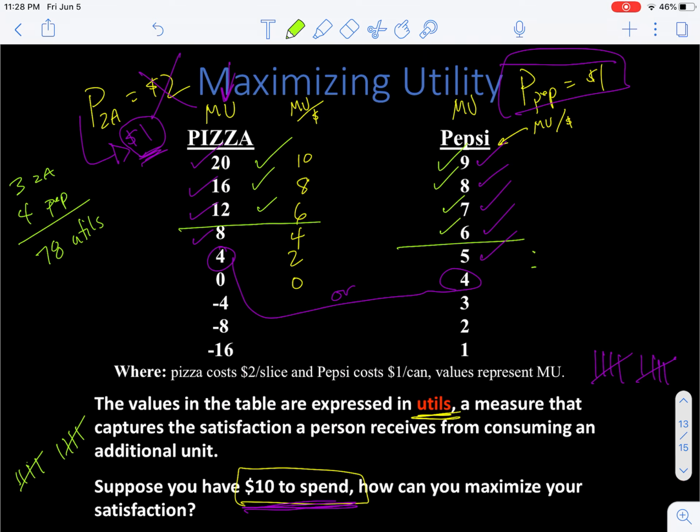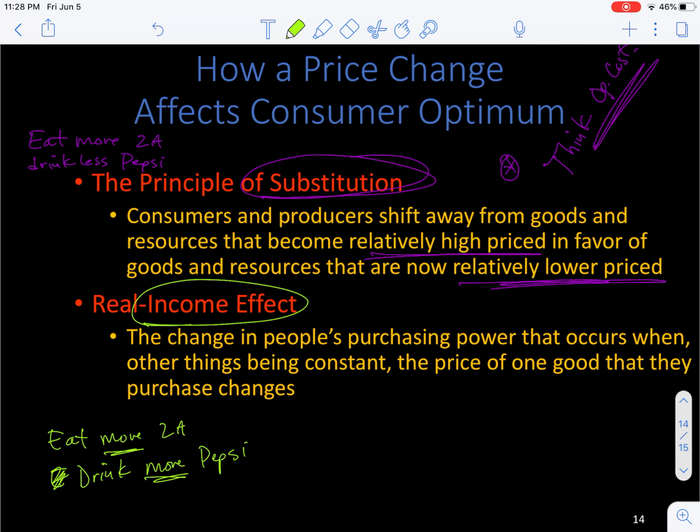In our example, after the price of pizza went down, we consumed more Pepsi, either one or two more Pepsis, which means which effect overpowered the other? Well, in our example, the income effect was stronger. That doesn't have to be the case. It could be that in some cases, there's a change in the price of something a person normally buys, and the substitution effect could overpower the income effect.